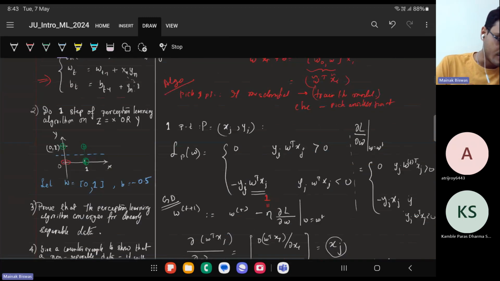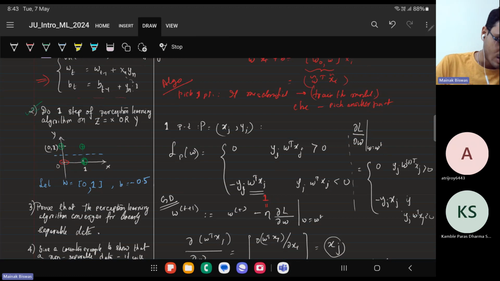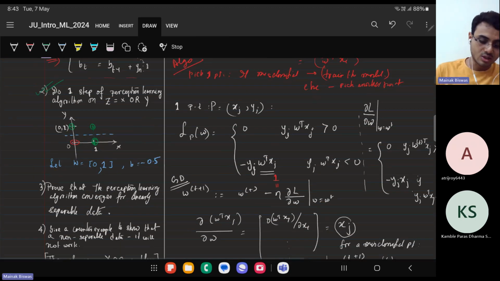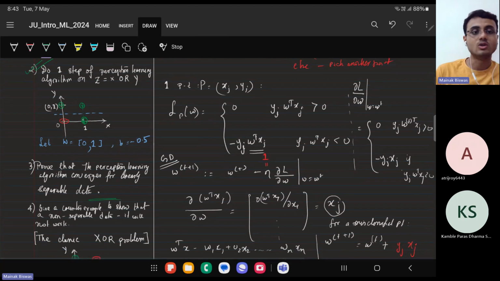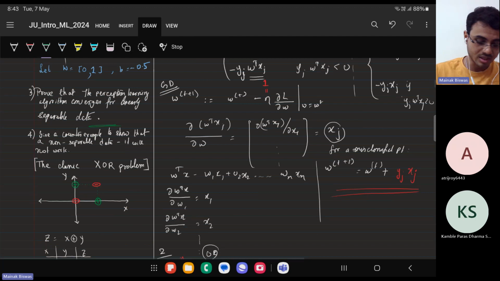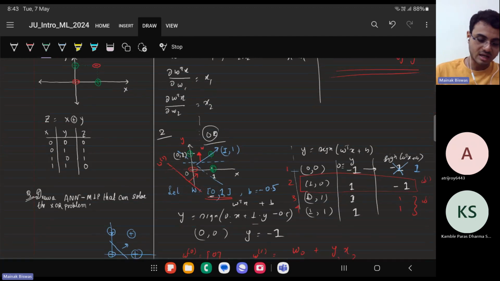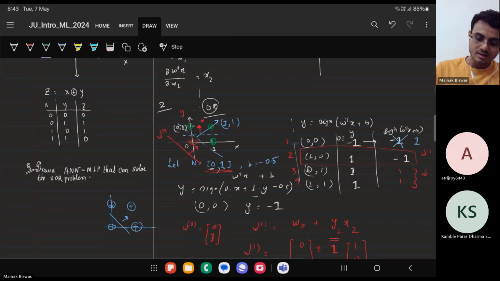So is the algorithm clear? This algorithm is always known to converge for linearly separable data. Let's see why. We'll prove it now. But it is not true for linearly non-separable data. We'll also see that. For example, the XOR problem. It's a very famous problem, and that will lead us to an artificial neural network or a multi-layer perceptron.